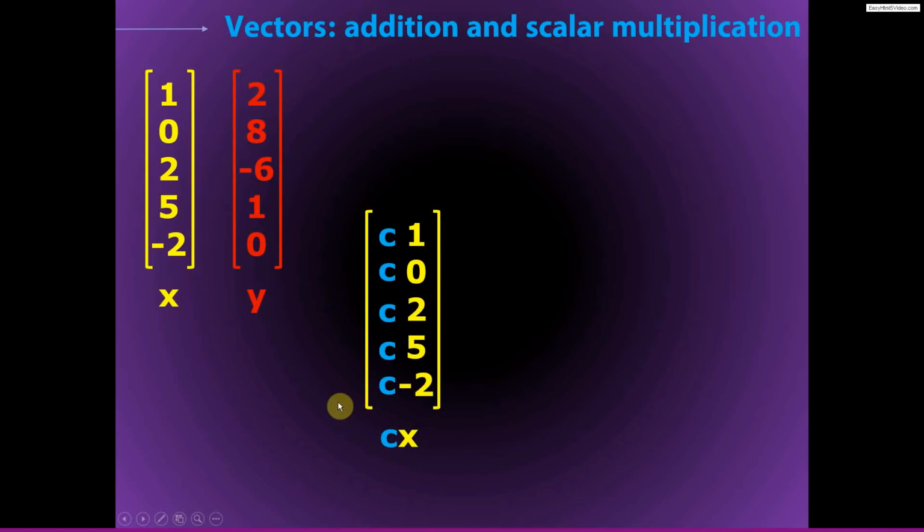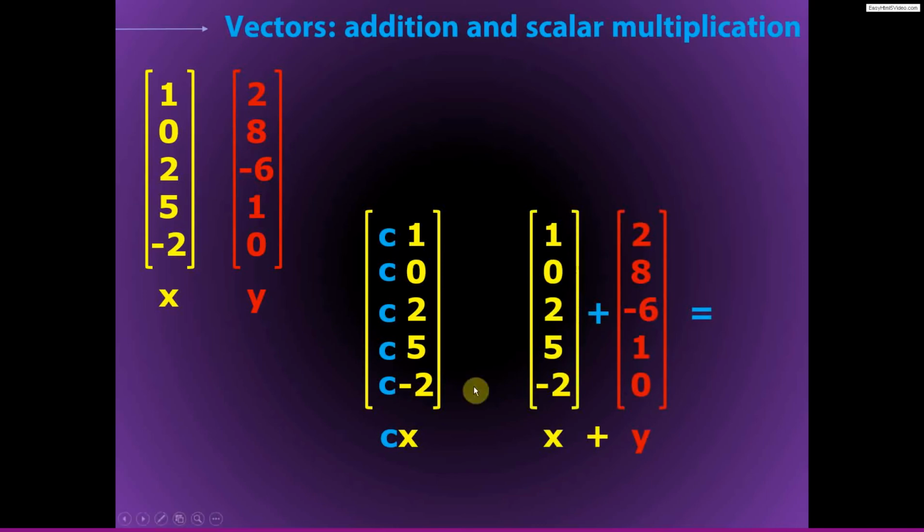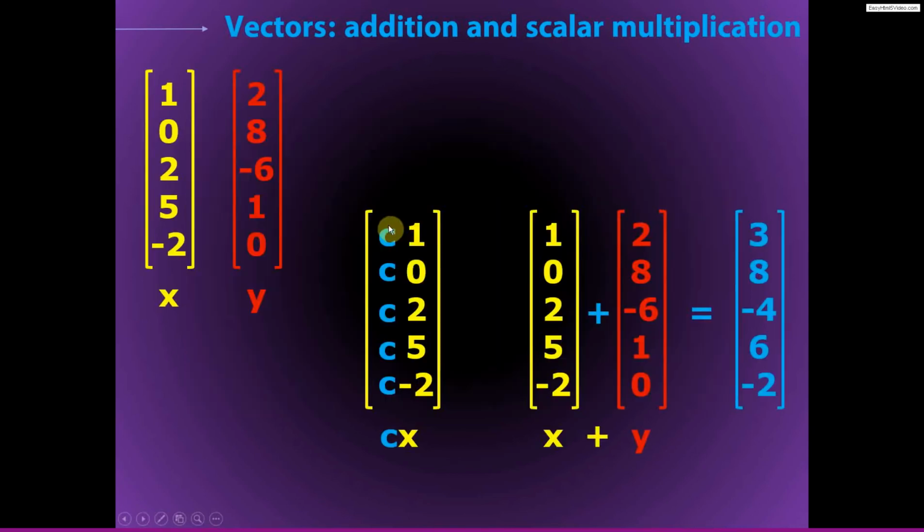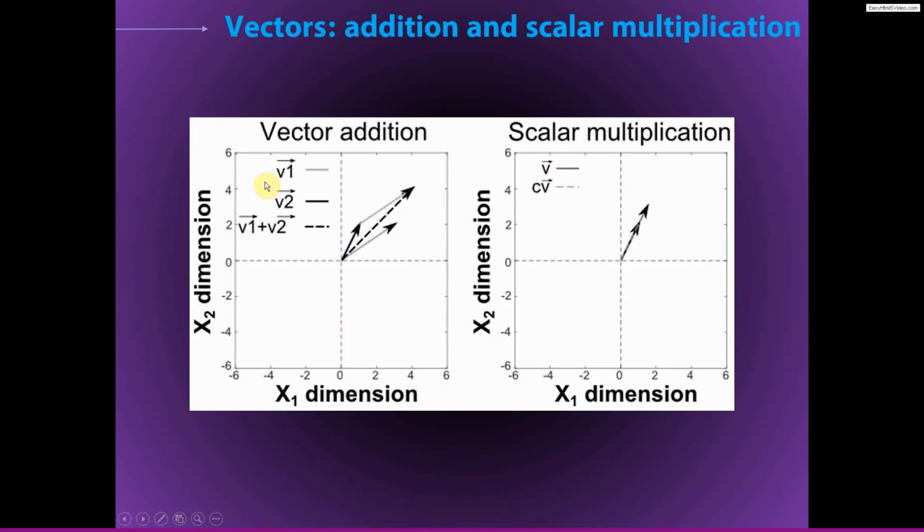That will make a lot of sense when we consider the geometric interpretation of scalar multiplication. So this is the algebraic interpretation of addition and scalar multiplication, and here we have the geometric interpretation.